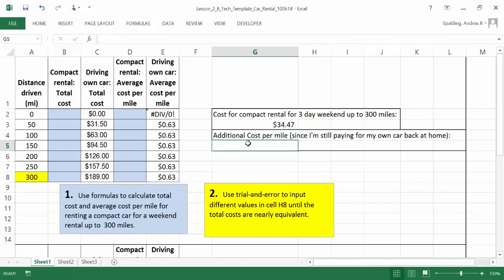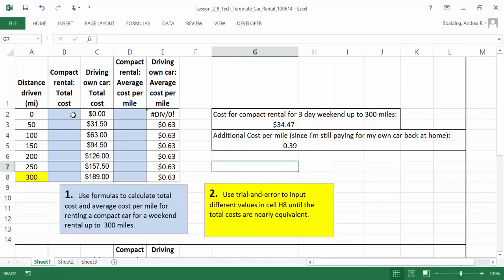And we talked about in class the additional cost per mile since you're paying for your own car back home. So your car doesn't suddenly become free just because you're renting a car. So in addition to renting a car, you're also paying for your car back home. And we said that would be 39 cents per mile. Okay, so we're going to make a little note of those things.